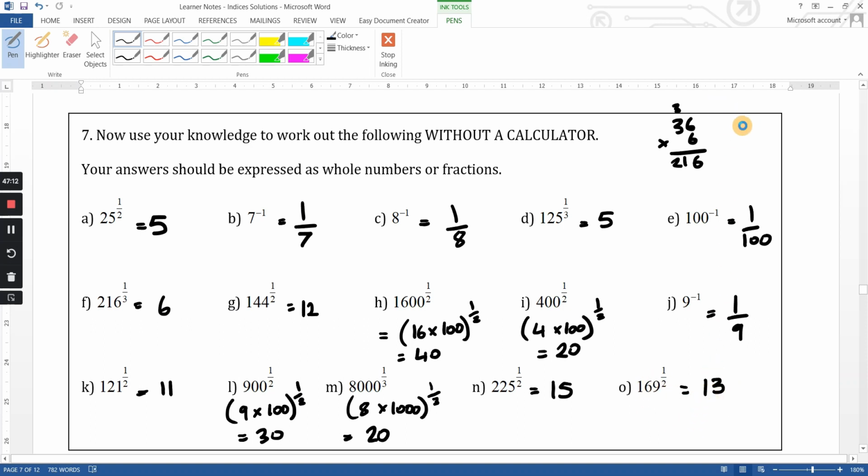If you're not sure, just work out on the side. That's 9, that's a 3, that's a 3, that's a 1, and yeah, you do get 169. That's good practice without your calculator. Hopefully that's helped you a little bit.